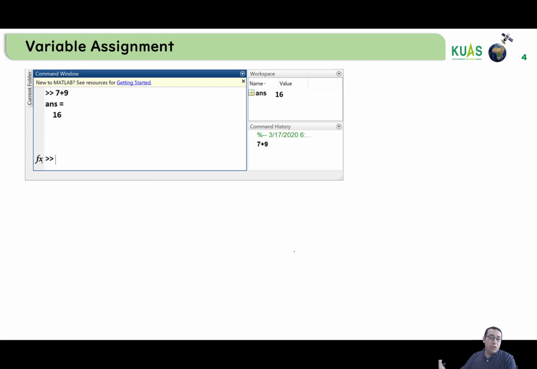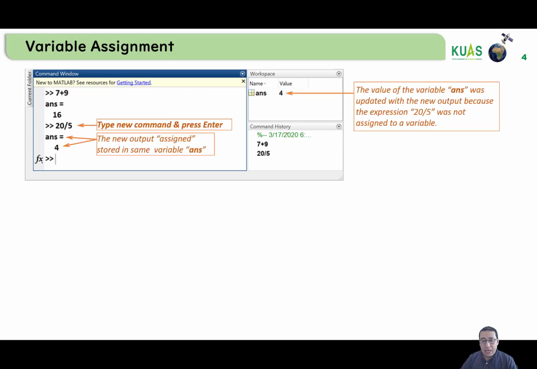So let's again consider that example. We said 7 plus 9, the answer is 16, and this is stored here in the workspace. Let's write a new expression, for example 20 divided by 5. The output is 4.